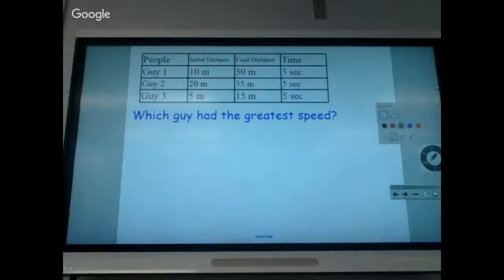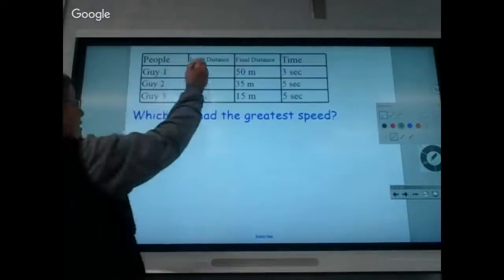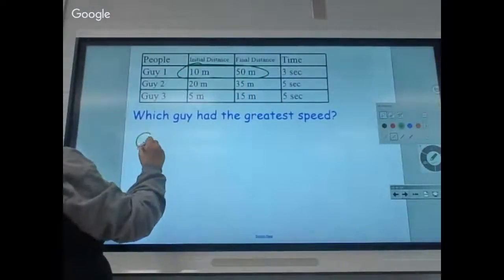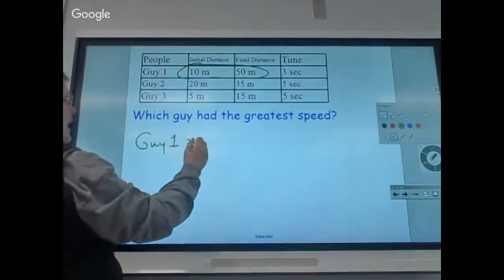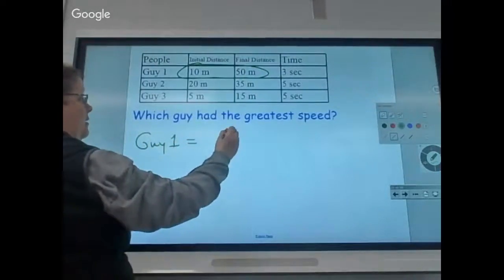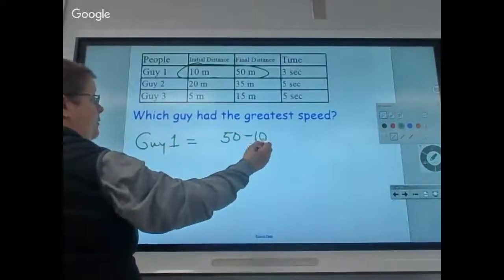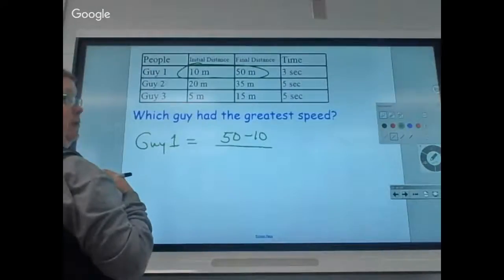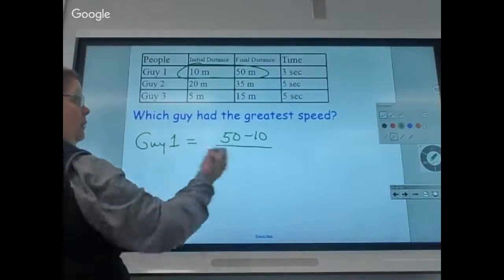Okay, so how are we going to get the distance? That's what I want people to tell me. You've got how many distances up here? You have guy 1, and guy 1 has 2 distances. So for guy 1, you would say 50 minus 10, which is what Odell said. Subtract those 2 distances, and then what's the time? 3 seconds.